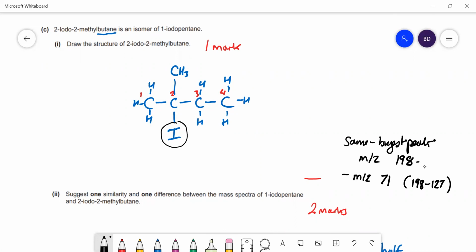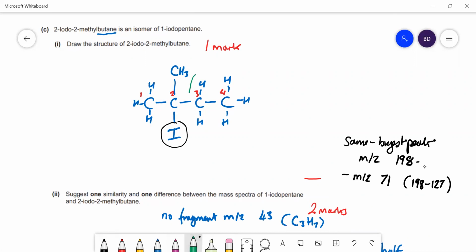One difference. Right. Now with this one, you can't get this fragment. There's no fragment with an MZ of 43. And remember, that was due to C3H7. You can't get a fragment of that there with it just breaking in one place.